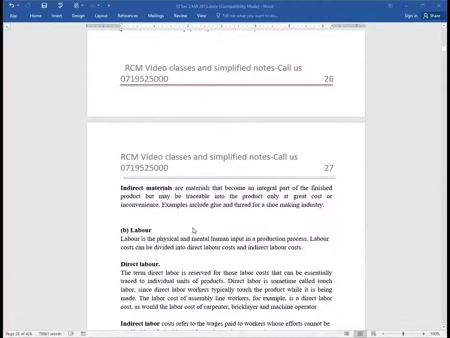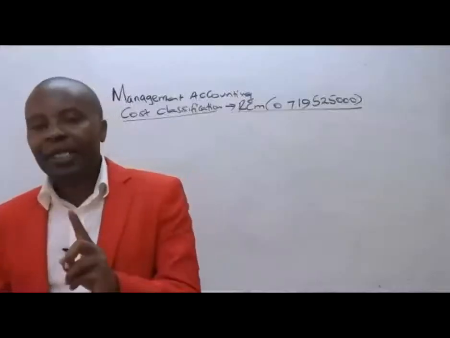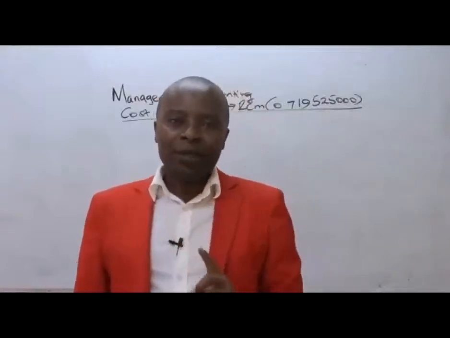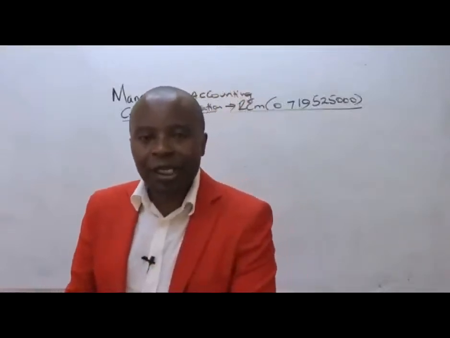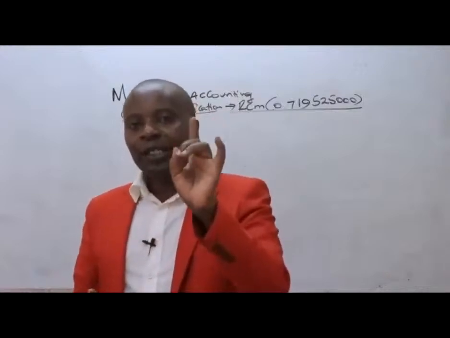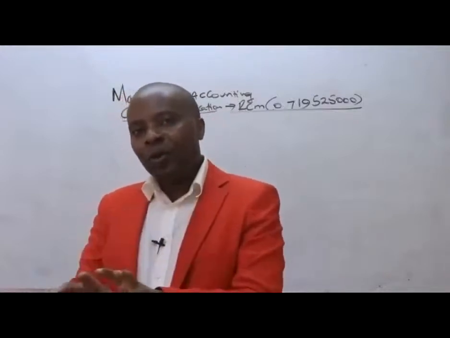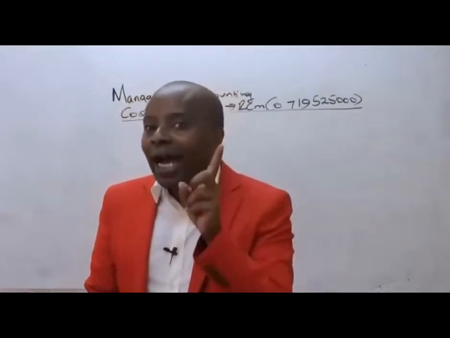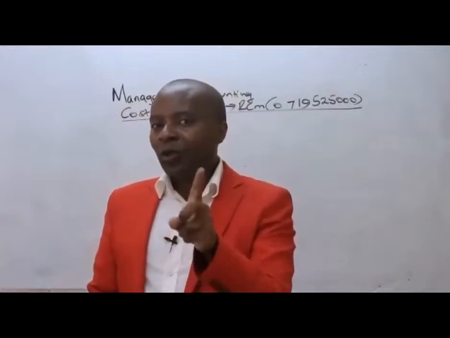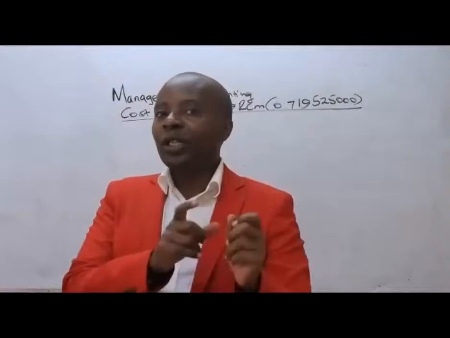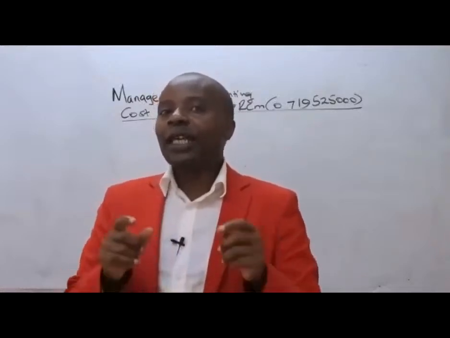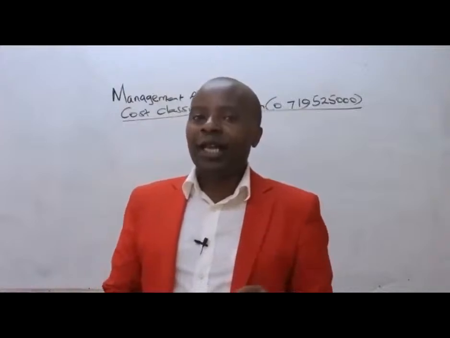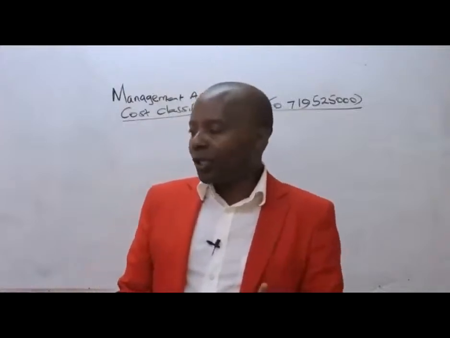Other carpenters will be assisting me, and I'll be paying them salaries and wages, perhaps on a per unit basis through what we call a piece rate payment system. So I'll be able to say that I paid you 500 shillings for each table that you produced. Then that particular wage, which is directly attributable to the units we produce, will be called direct labor. It is directly attributable to the number of units that you produce, so automatically that will be classified under manufacturing cost.